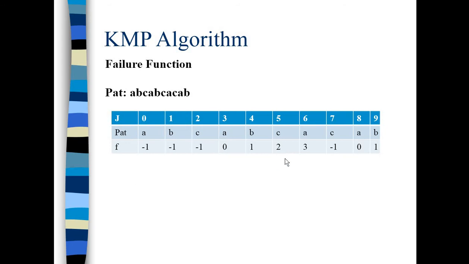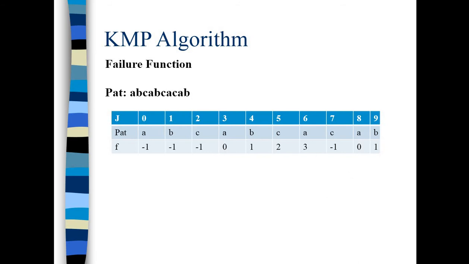Here the third character is matching with the 6th character, so we will write 3. Now ABCA, B is here, but if you see ABCA, C is there, so there is a mismatch, so we put -1, because that sequence is not happening.